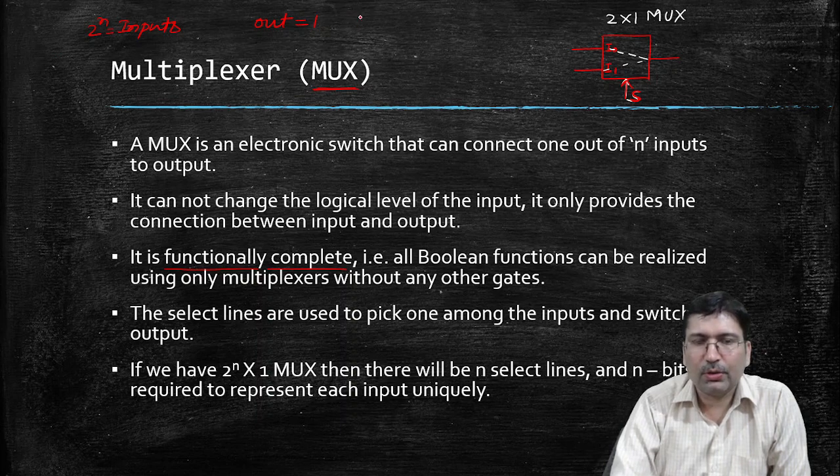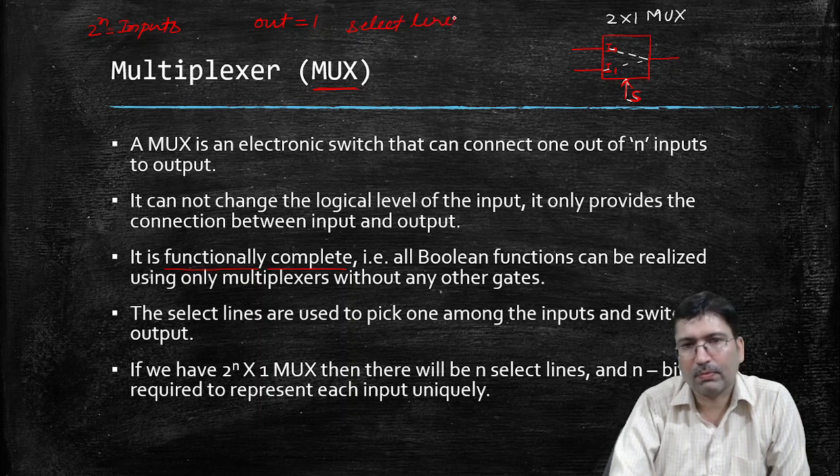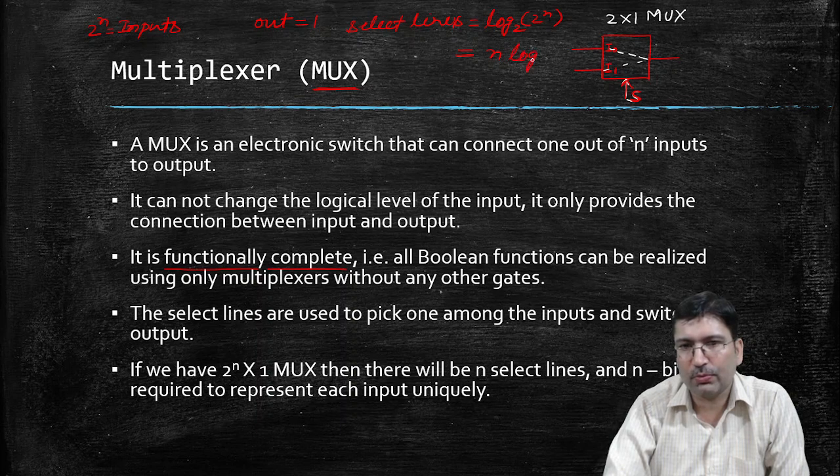In order to decide the select lines, we need to take the log of it. We can take the base 2 log of 2 to the power n. This will give us n, because based on the log property it becomes n times log of 2 base 2, and log of 2 base 2 gives us 1.